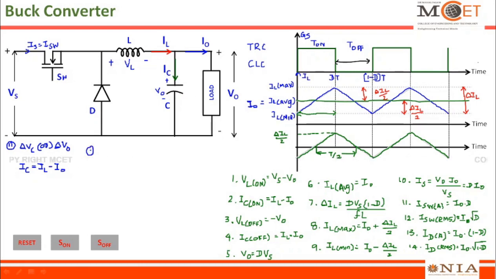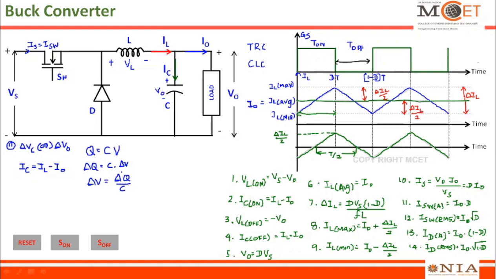We know that in the case of a capacitor, Q is equal to C into V. So if I want to calculate delta V, I write this as delta Q, which is equal to C into delta V, that is the change in voltage with respect to the charge. So delta V is equal to delta Q divided by C. What is this delta Q?